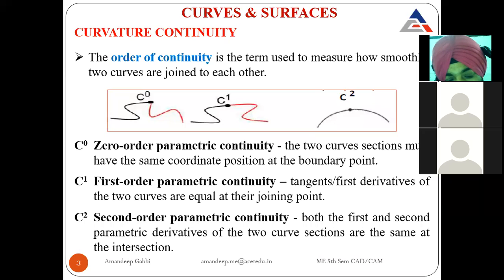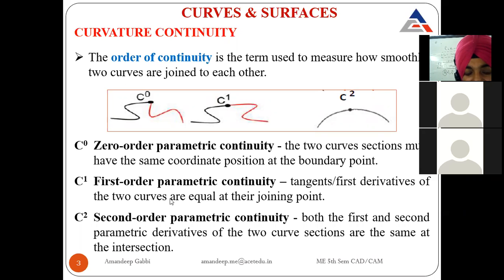We call it zero order parametric continuity if the two curve sections have the same coordinate position at the boundary point. We call it C0. Two curves are joined, but they are not smooth when they intersect, right? If their coordinates touch one another, then we call it zero order parametric continuity.